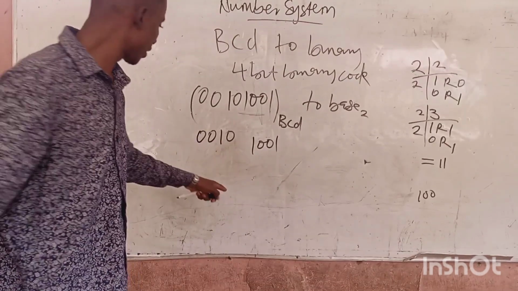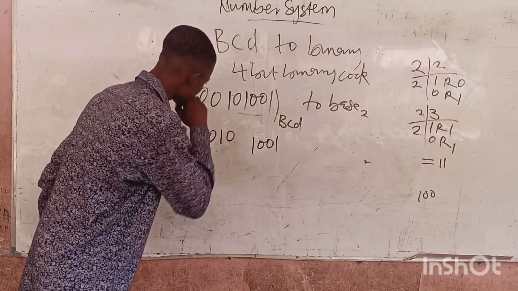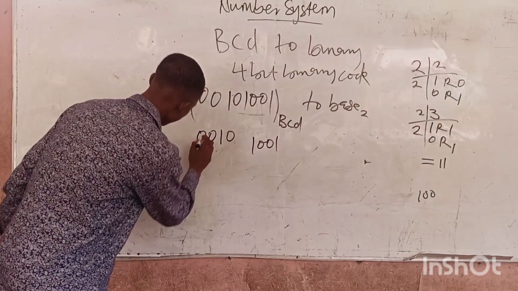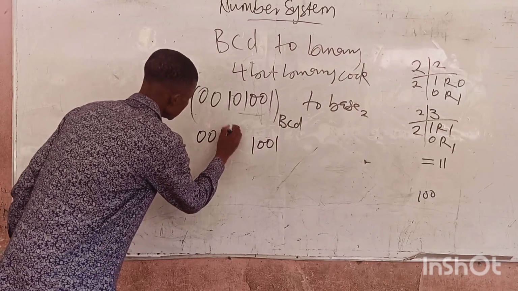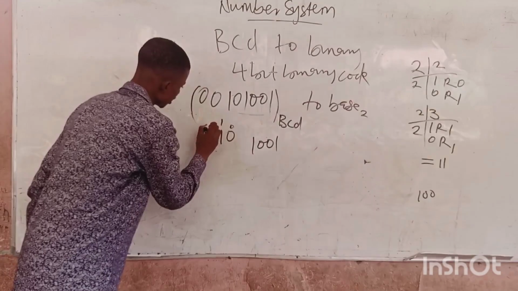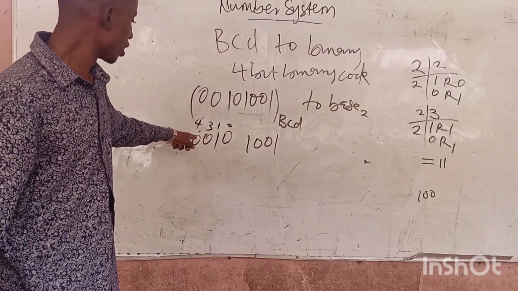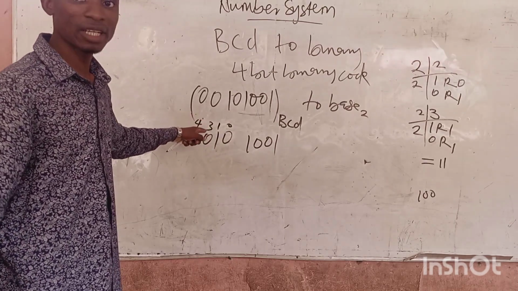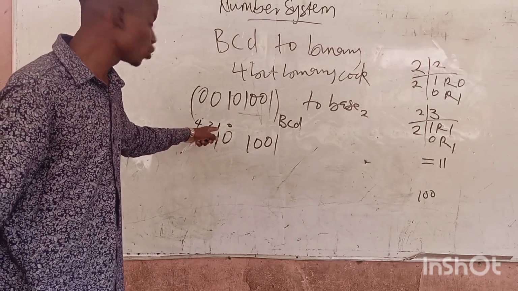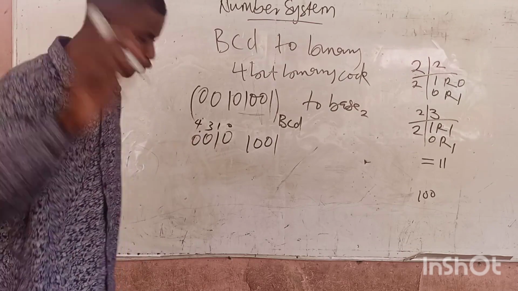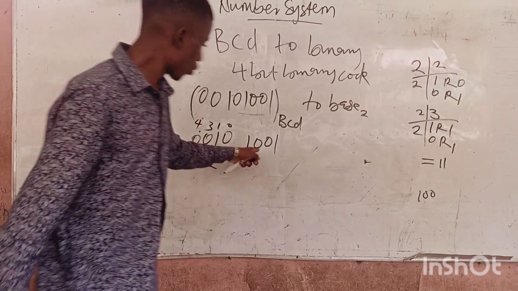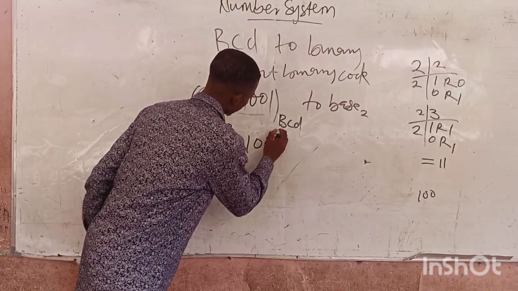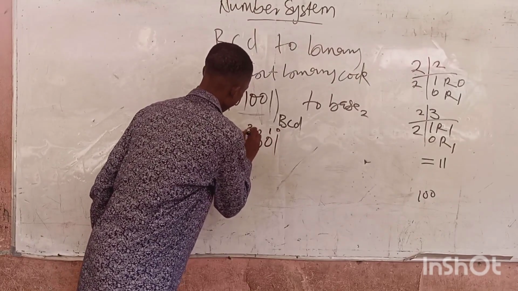Remember that this is in base 2, so when converting to base 10 we are using powers of 2. Starting from the right, this is position 0, this is 1, this is 2, and this is 3. 0 times 2 to the power 3 is 0, 0 times 2 to the power 2 is 0, but 1 times 2 to the power 1 will give us 2. So we have here 2.